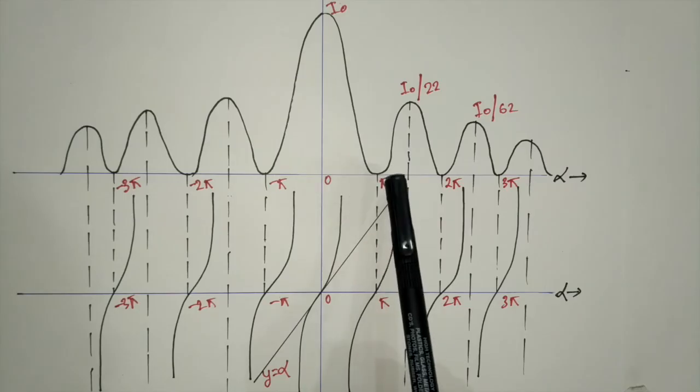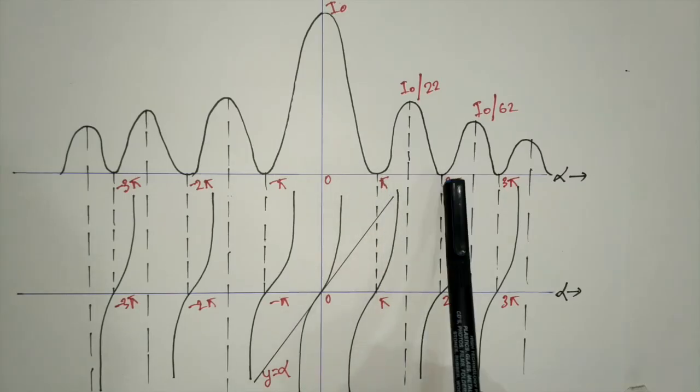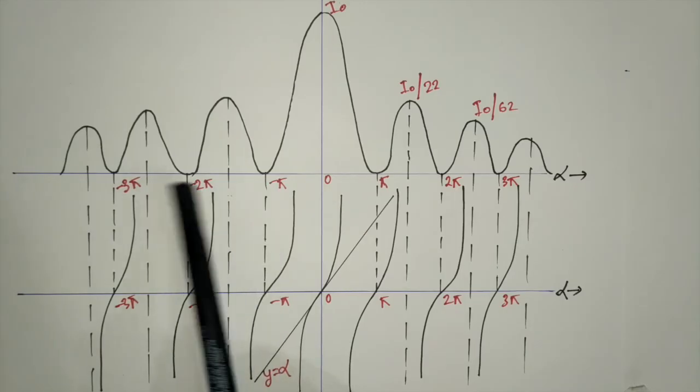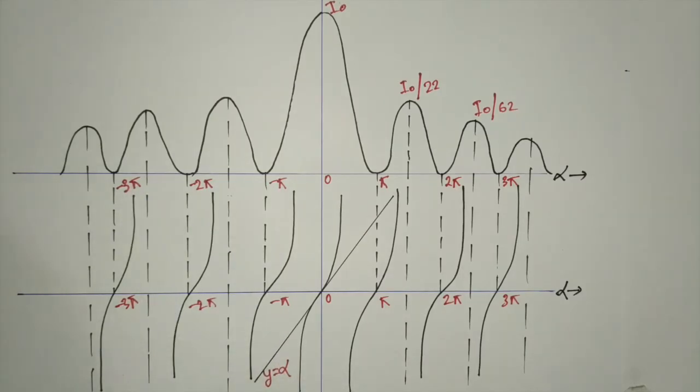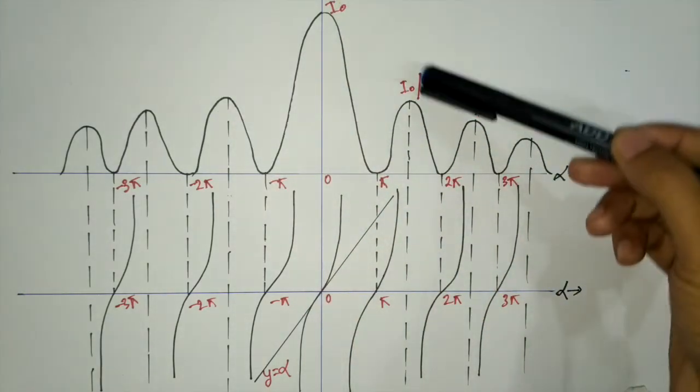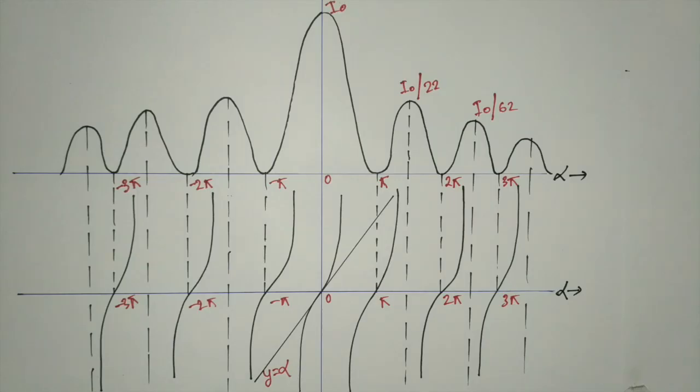We can show the phase, that is pi, 2 pi, 3 pi. Similarly on the opposite side, minus pi, minus 2 pi, minus 3 pi. If in examination it comes to draw the intensity distribution due to Fraunhofer diffraction, you only have to draw this portion and show the value of different intensities, that the intensities go on decreasing due to the diffraction.